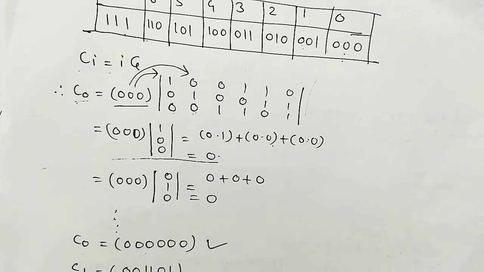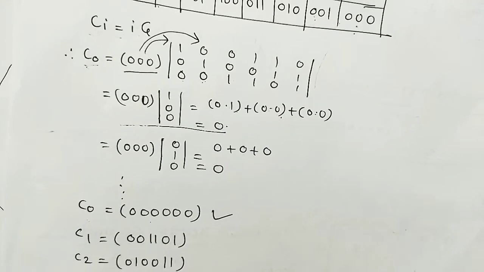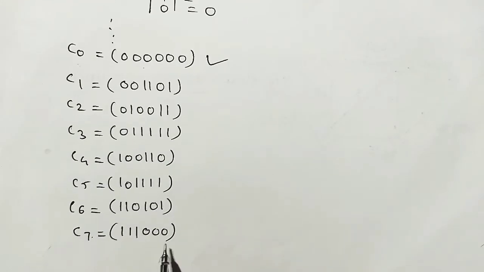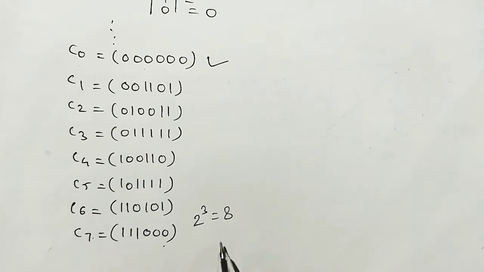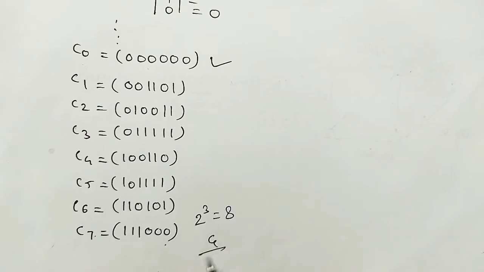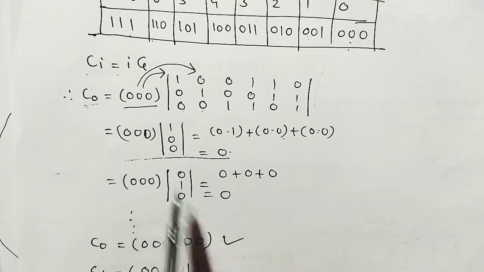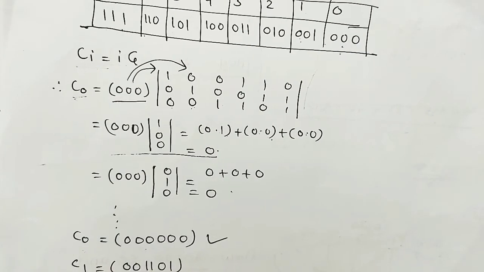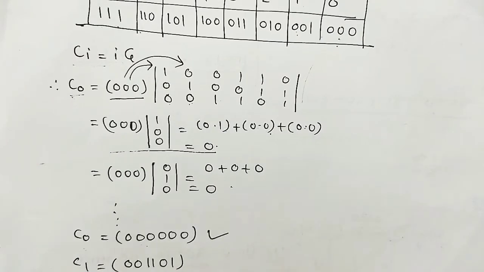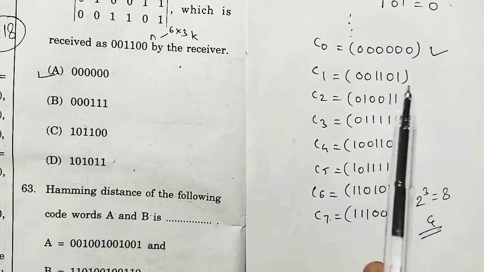Now like this we have to find all of C1, C2 up to C7, because these are the code words. There are 2 raised to 3, which is 8, possible code words for our given generator matrix G. Find these code words using these steps. Then in our options, just check which code word is matching.